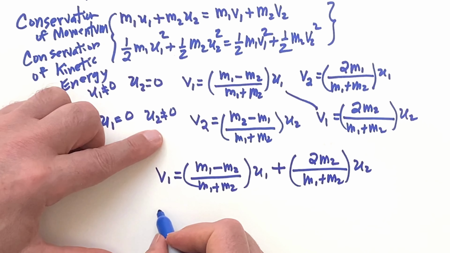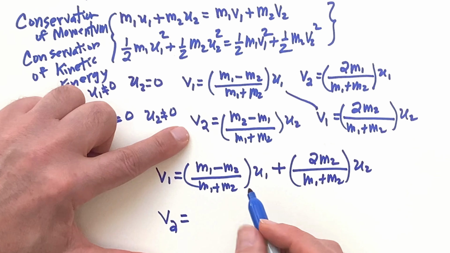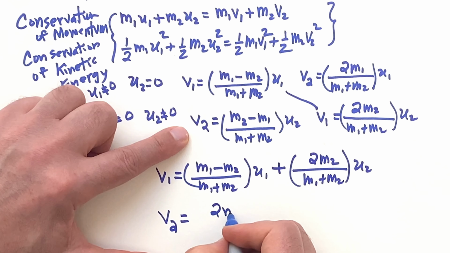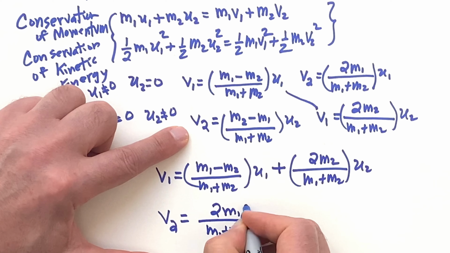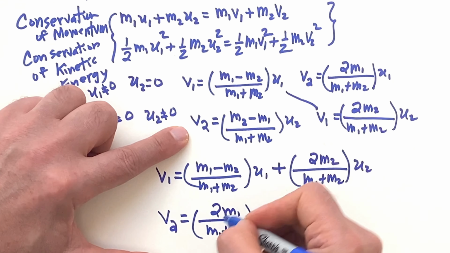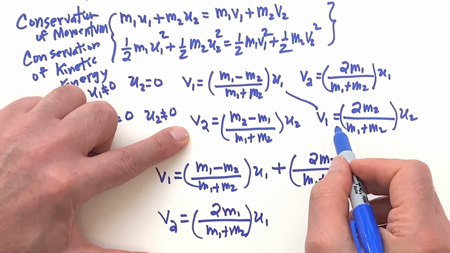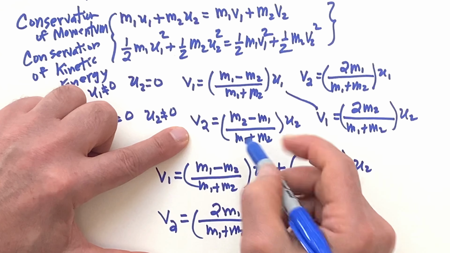And then for the general case with V2, adding these together, we'll take this one first up there. We have 2M1 over M1 plus M2 U1. Just simply copy that right here. And then I got to here copy the other one for V2, which is this part here.